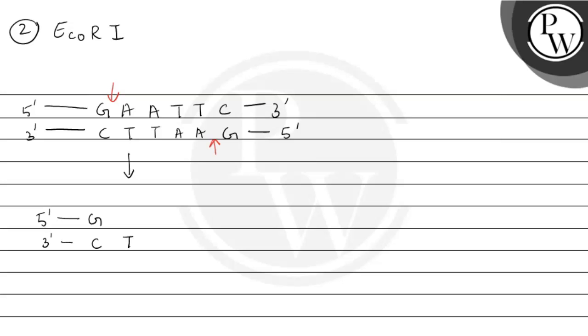So these are the two DNA fragments formed. Again we can see that we have sticky ends here as well. This is one sticky end and this is the other sticky end.